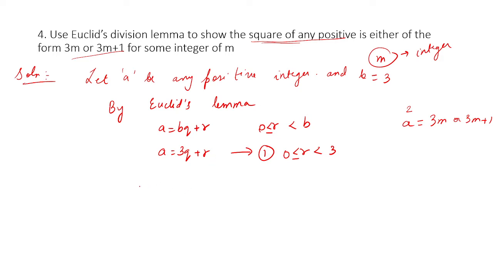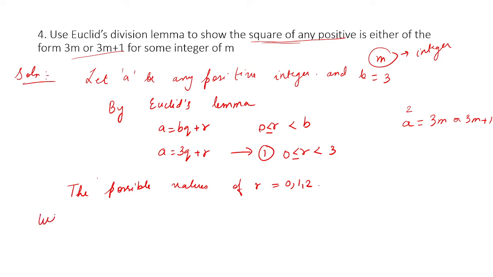So let us go now. The possible values of r: remember, r is going to be a remainder, a value less than 3 and greater than or equal to 0. So 0, 1 and 2. This much we know, right? Remember.